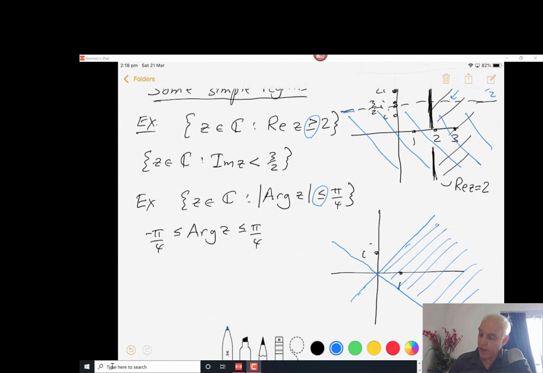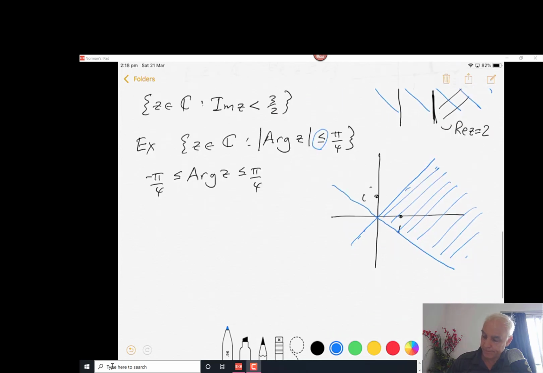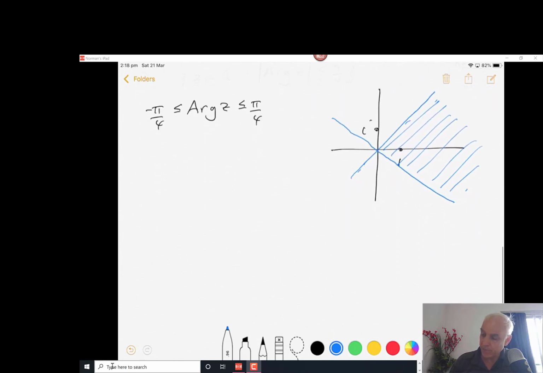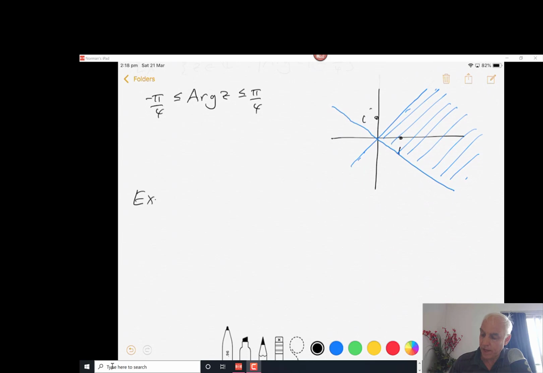Good. Okay, now let's be a little bit more sophisticated and move these things around a little bit. So another example, suppose that we have the set of z in C such that the absolute value of z minus I is less than or equal to 2.